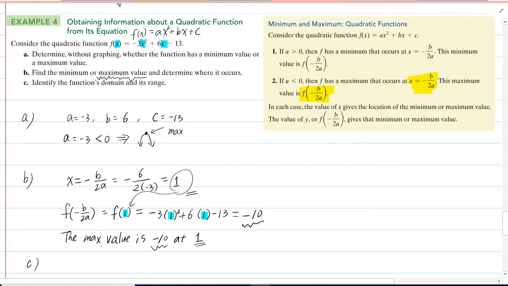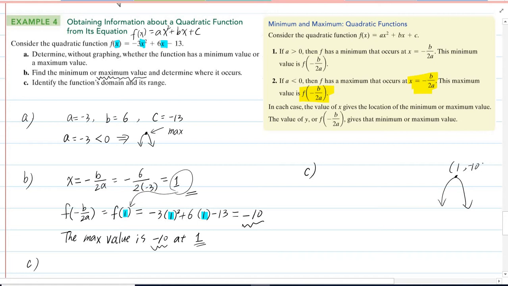Part C: identify the function's domain and its range. Let's do this on this side, since we have more room, because we had a graph like this, correct? Looking downward, our vertex, which we just found, is (1, negative 10).